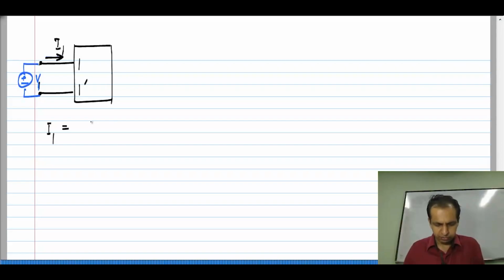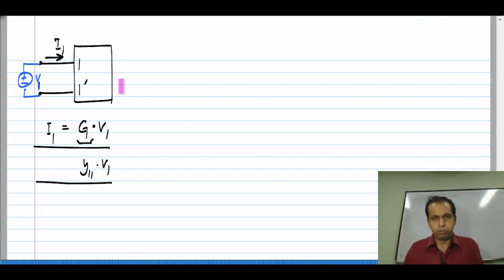We know that I1 is some conductance times V1. What we have is exactly the same. We call it Y11 times V1. In case of a one port network, we have only one parameter. In case of a two port network, we have 4 parameters, and similarly you can imagine that in case of a 3 port network, we will have 9 parameters, because we will have 3 voltages and 3 currents and so on. So, if you have an n port network, you will have n square parameters describing the relationship between n voltages and n currents.